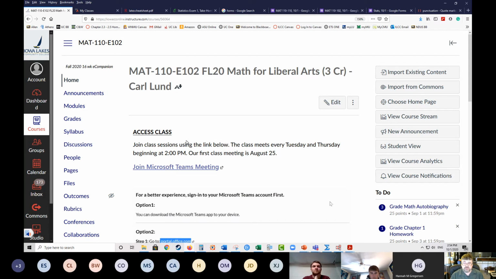The exam will open for you at midnight on October 8th, and it will have to be submitted by 11:59 p.m. on October 8th. So you can do it anytime you want over that 24-hour period.